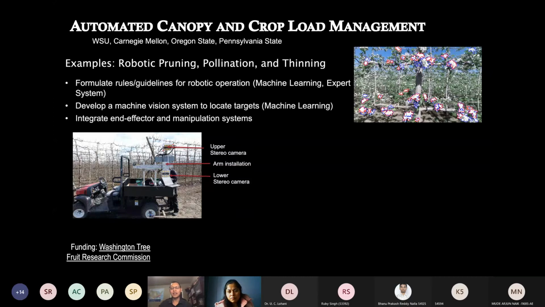If it is a pruning system, we are developing a scissor-type end effector and some other kinds of end effectors so that we can go cut those branches. If it is flower thinning, we are looking at water jets and some other techniques to remove some of the flowers. If it is a robotic pollination system, we're currently looking at some spray nozzles that can spray pollen onto those flower surfaces.